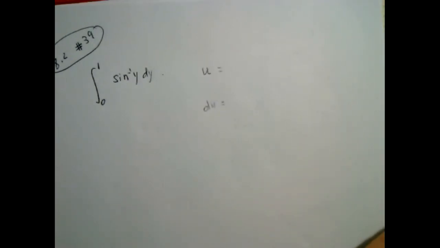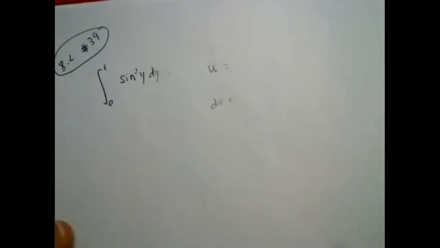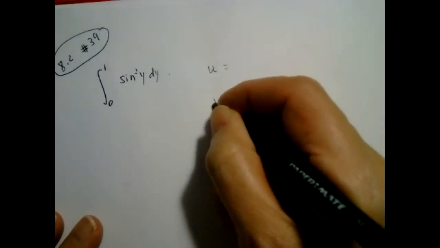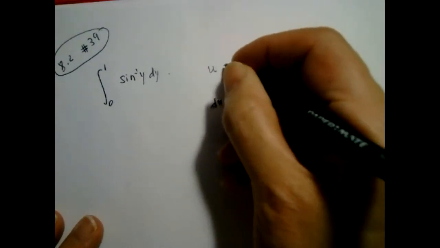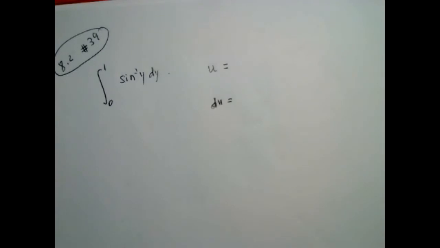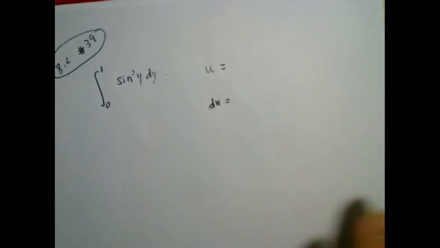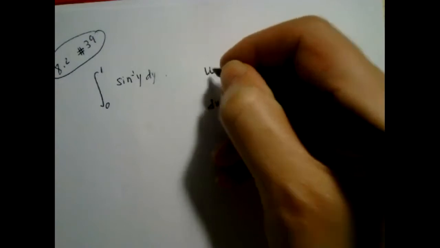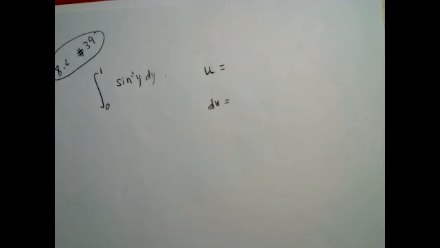And what do you think is going to be the dv? For those who tried the homework, you have to start scratching your mind and remember integration by parts. What's the u? Anybody?